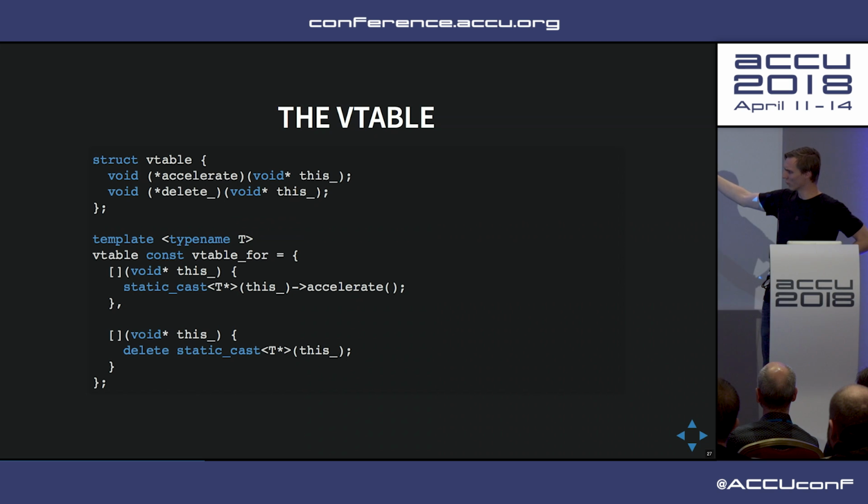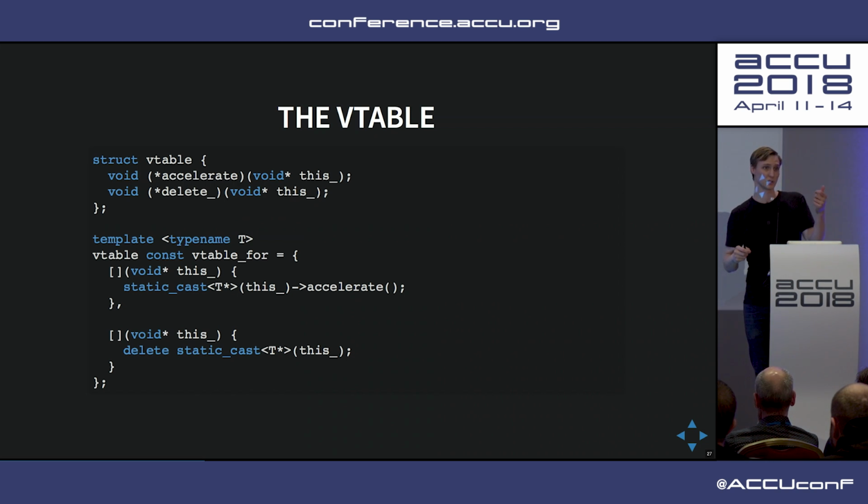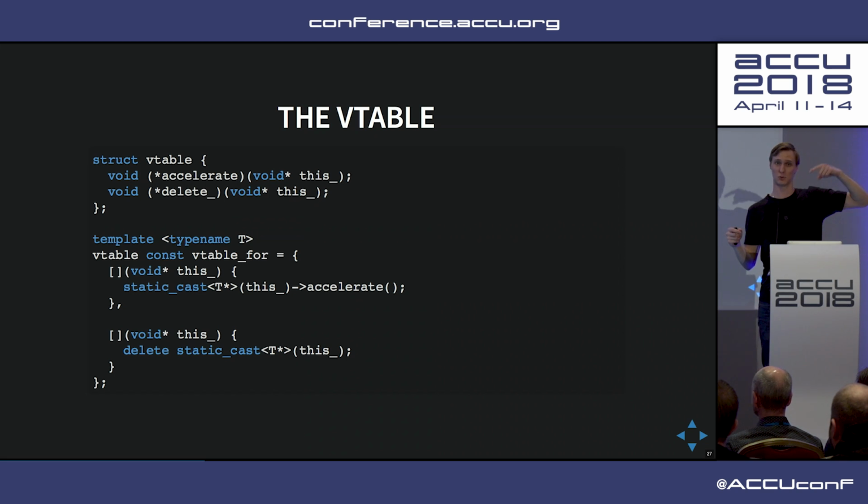So here I'm just creating a Vtable which contains these two methods, and each method takes a void star, which I don't know from the outside. The code that's calling into this Vtable doesn't know what type it is, but I know what type it is because I've been created with a concrete T here. So I just static cast to the concrete type that I know, and then I call the statically dispatched method, right? And well, that's it.